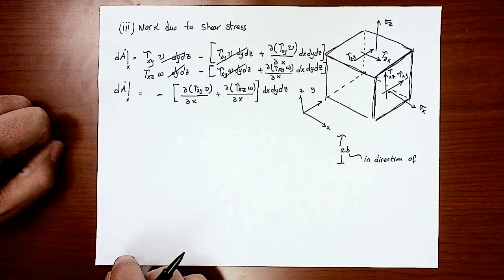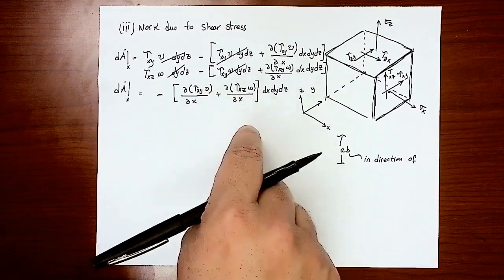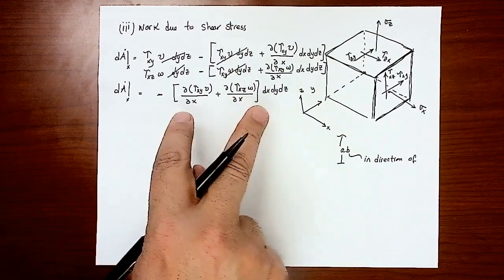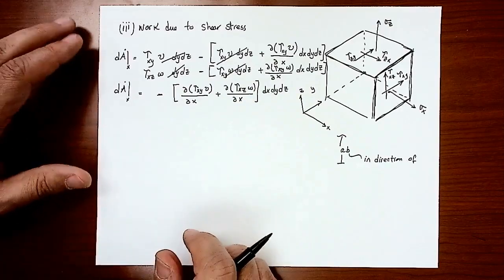That's only in the x direction, right? Then you can add the one for the y, one for the z as well. So I have 6 components, right? They will look like the following here.